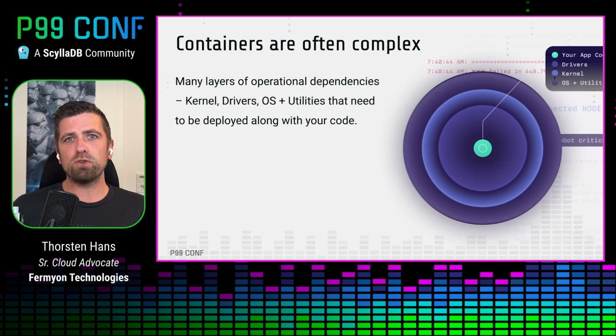A container image usually consists of the operating system, of additional frameworks, libraries, or even web servers. And those don't just sum up in size, they also make our distributable unit complex, right? We have to maintain all those bits and pieces of a container image, and we have to secure them.